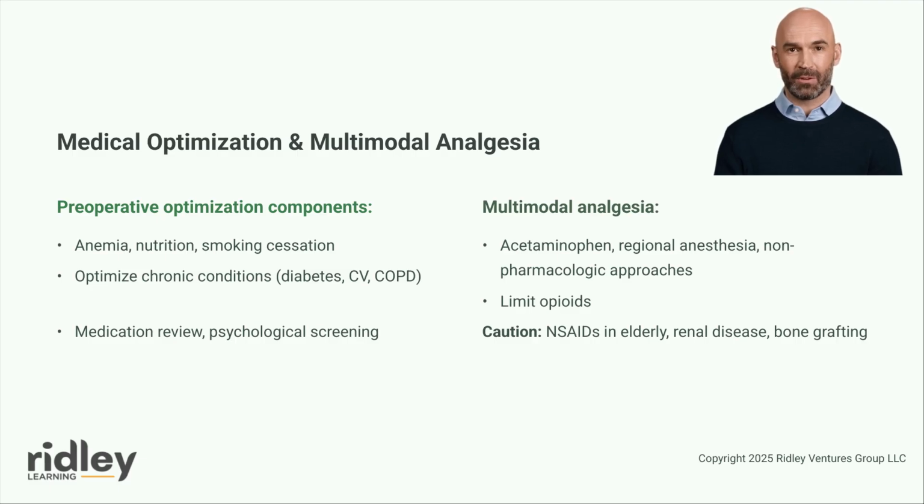The concept of medical optimization, systematic preoperative assessment, and intervention to address modifiable risk factors and optimize physiologic reserve has gained increasing emphasis in elective orthopedic surgery, including shoulder arthroplasty.